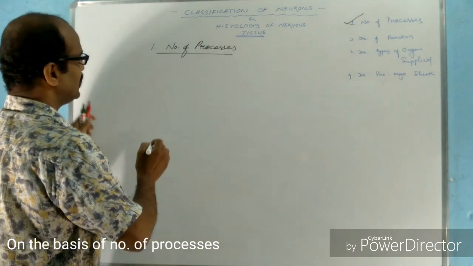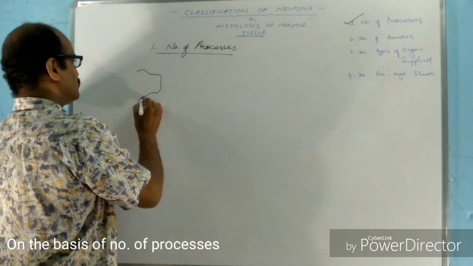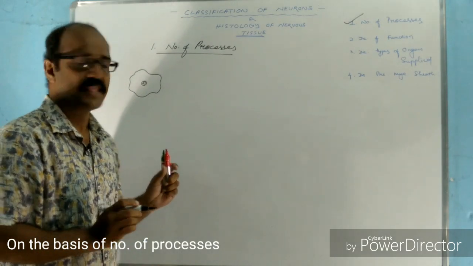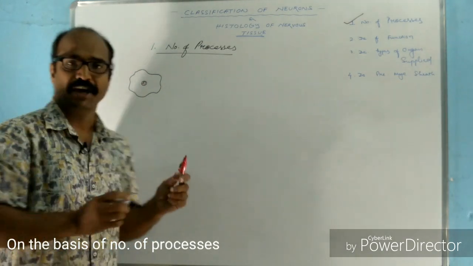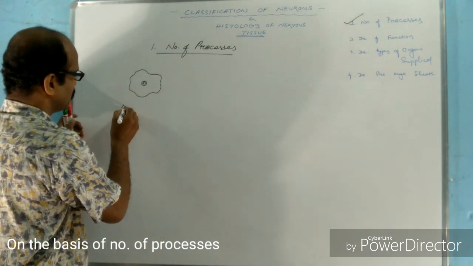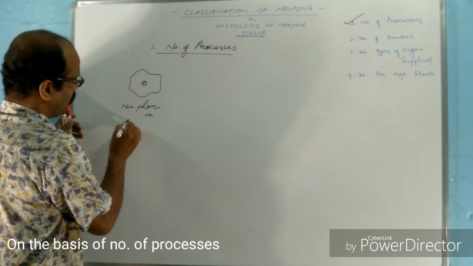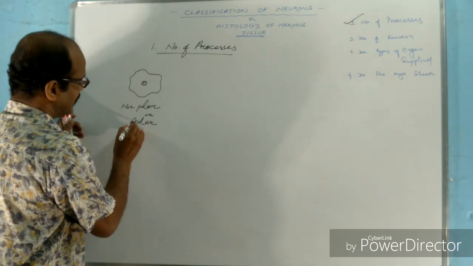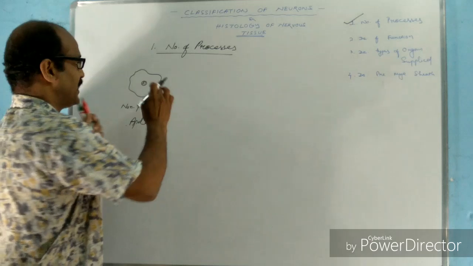If the cyton has no differentiated axon or dendron, such a type of neuron is known as the apolar neuron, also known as the non-polar neuron, where there is no differentiation of what is axon and what is dendron.